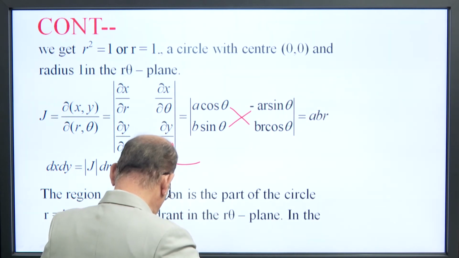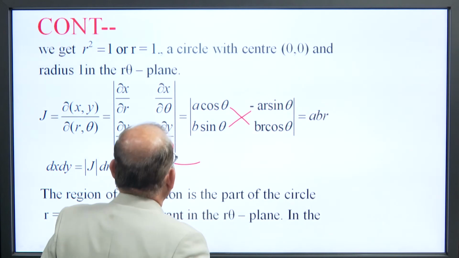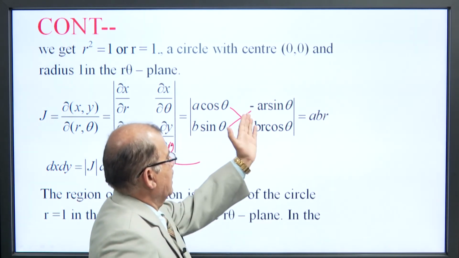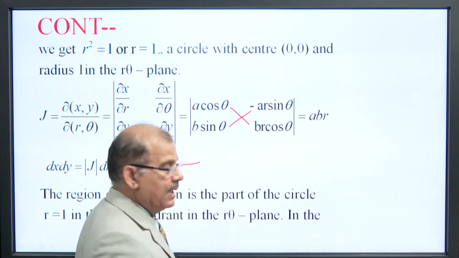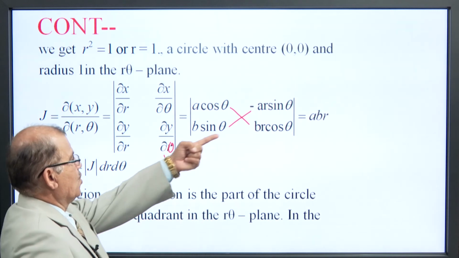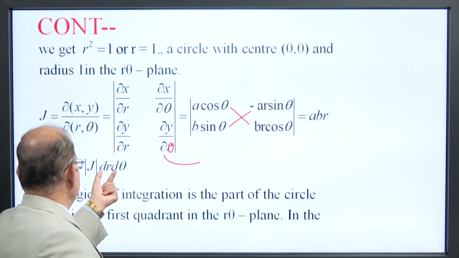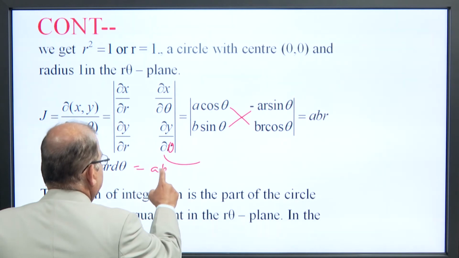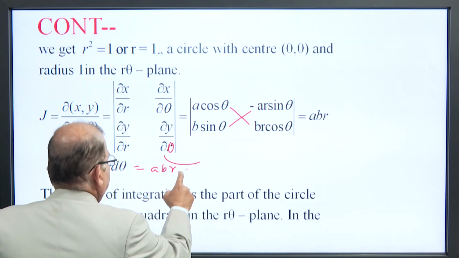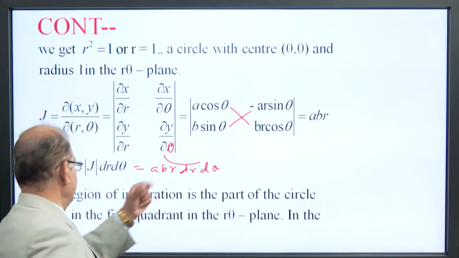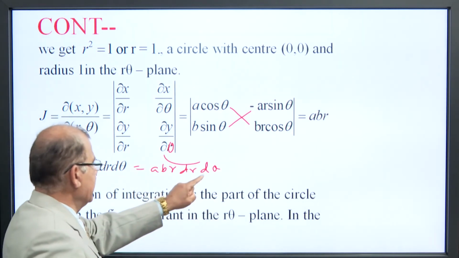So dx dy is equal to j dr d theta, and j is replaced by a b r, so dx dy is a b r dr d theta.